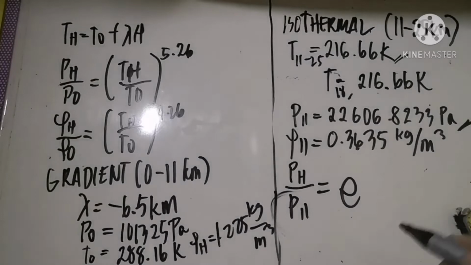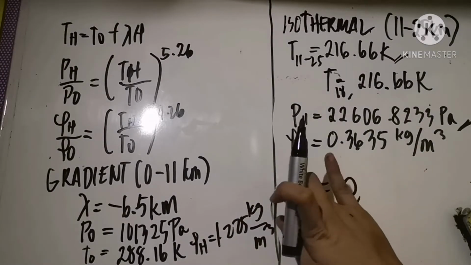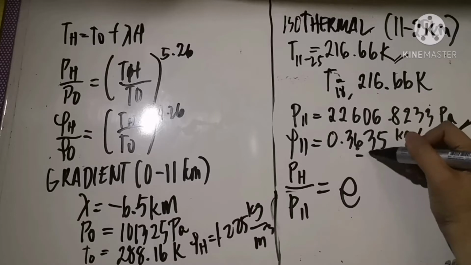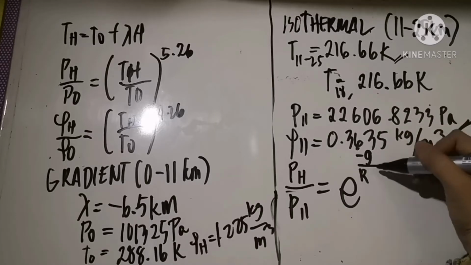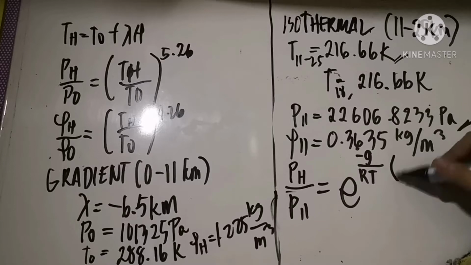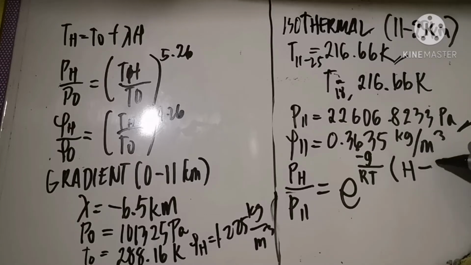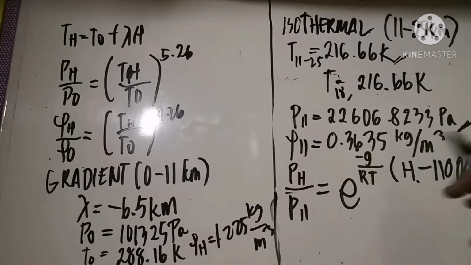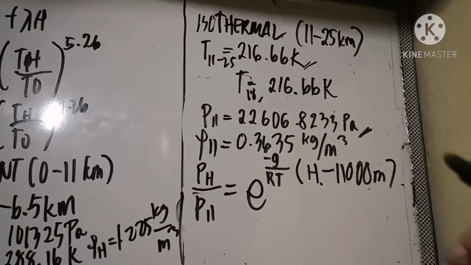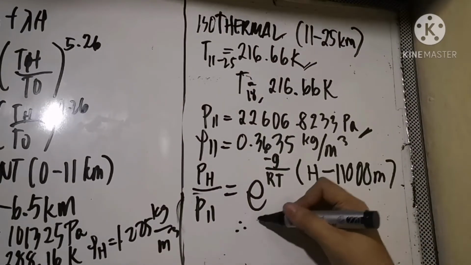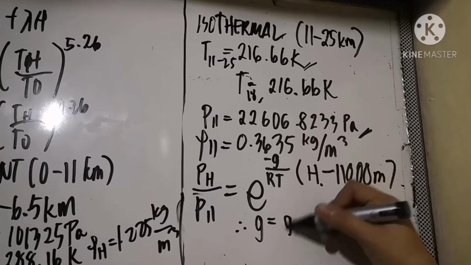Basta yan. Euler's number raised to negative G or gravity over specific gas constant times height, which is in between 11 to 25 kilometers minus 11,000 meters. Take note that this height, okay, sulat natin. So, this G, wherein yung G mo is gravity.